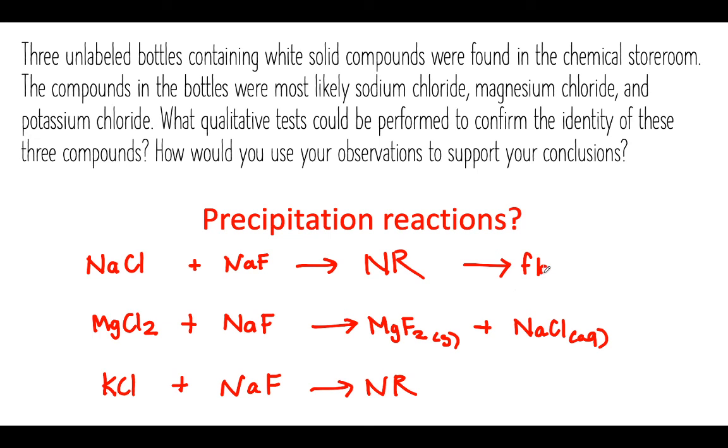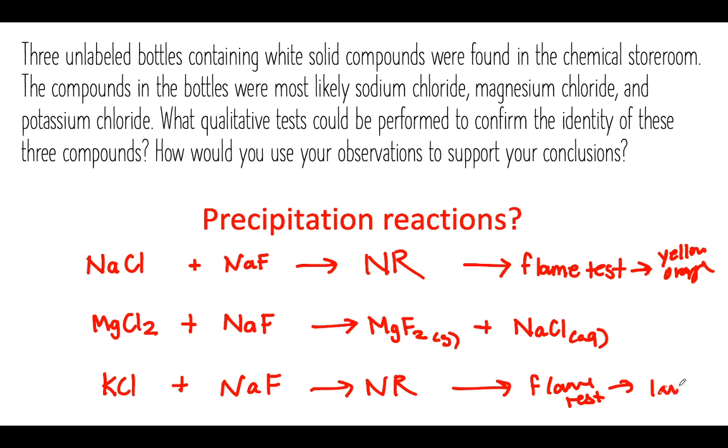So I should know from our flame test that this is going to form a yellow-orange color, and that this, again, with a flame test, will produce a lavender color. So using all of our tests, I can confirm what compounds are in what bottles.